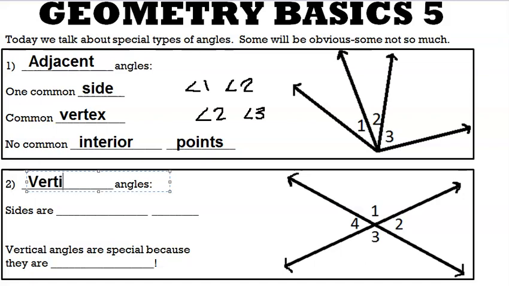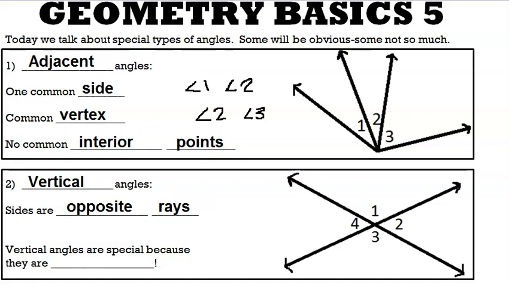Now, this term comes up maybe more than anything else I have ever seen in geometry class. Pretty much every day, every week, there's something that relates to vertical angles. Now, when you find vertical angles, the sides are opposite rays. Now, when we hear opposite rays, in the last couple of lessons we talked about how opposite rays make a line.